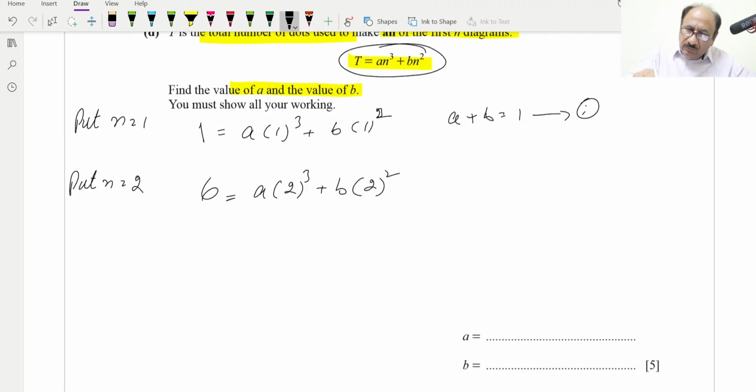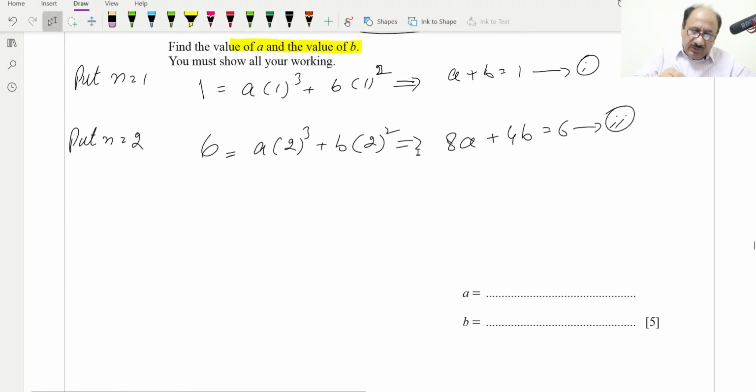And this implies 8a plus 4b is equal to 6, and this is our second equation. These two equations we can solve by simultaneous equations.